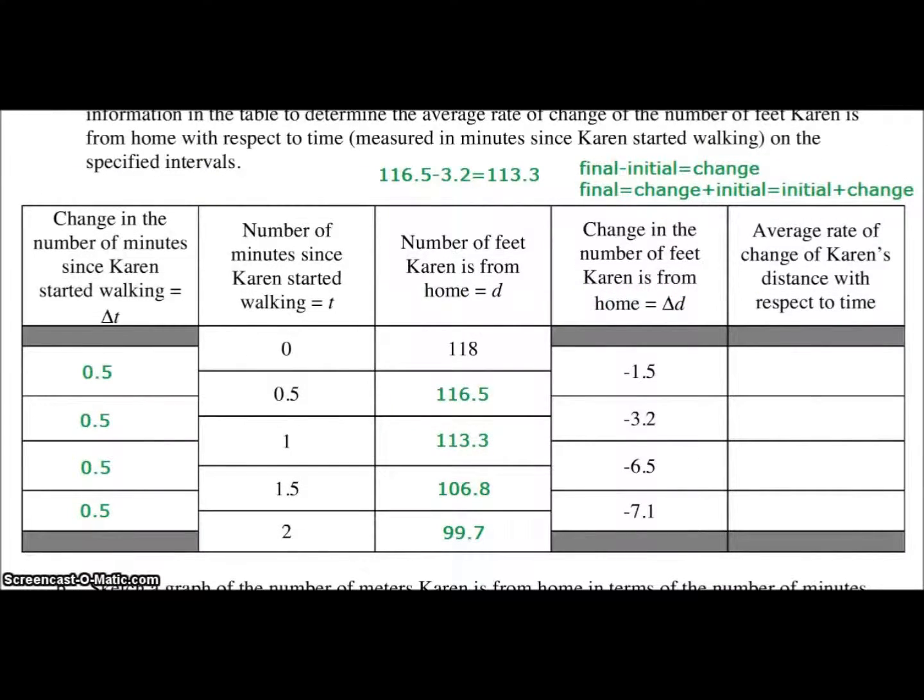Okay, average rate of change of Karen's distance with respect to time. Let's see. So we have the change in the number of feet Karen is from home, and the change in the number of minutes since she's been walking. That's all average rate of change is: the change in the distance over the change in time.